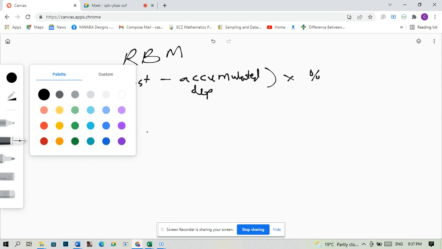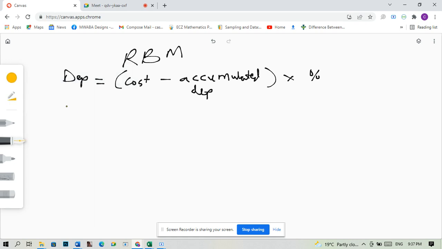For year one, we won't focus on year zero. We want to say for year one, 50,000 minus zero times 30%.